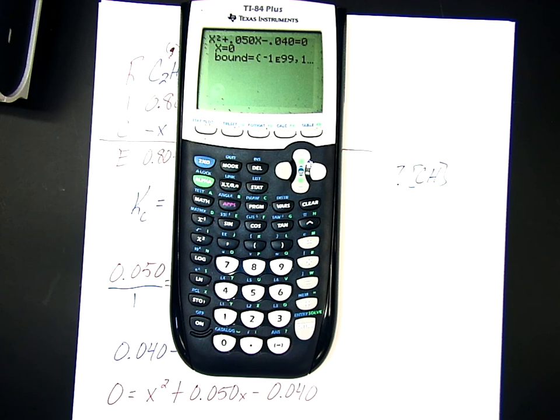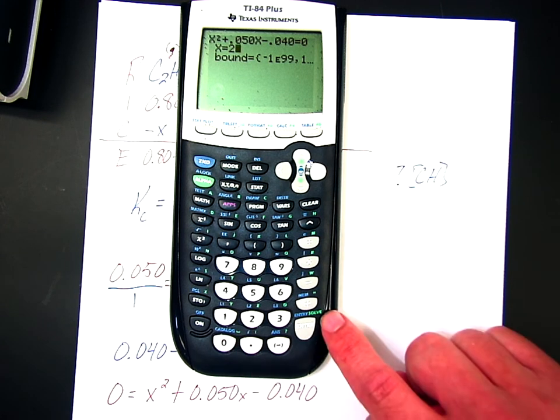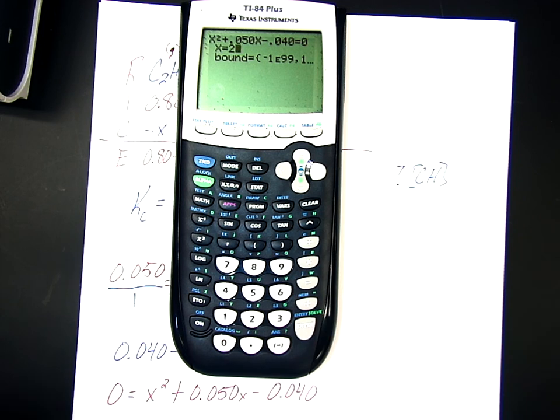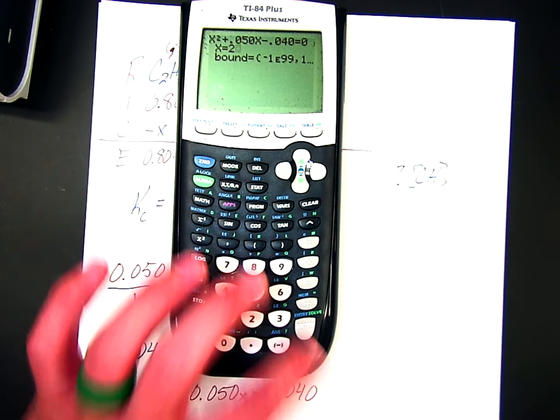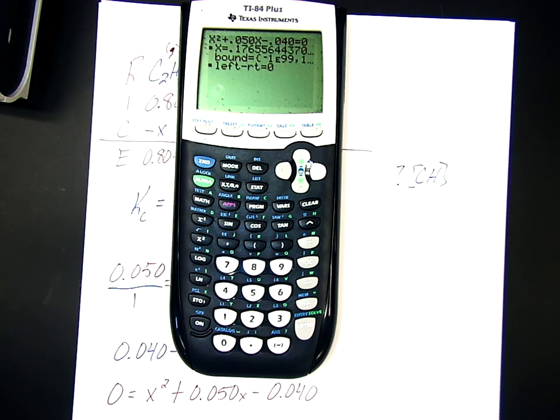Remember, we need to put in a guess here. I always choose 2. And then we want to solve. My solve on this calculator is the alpha function of the enter key. So I'm going to go alpha solve, and it's going to spit out x, right where the blinking cursor is.